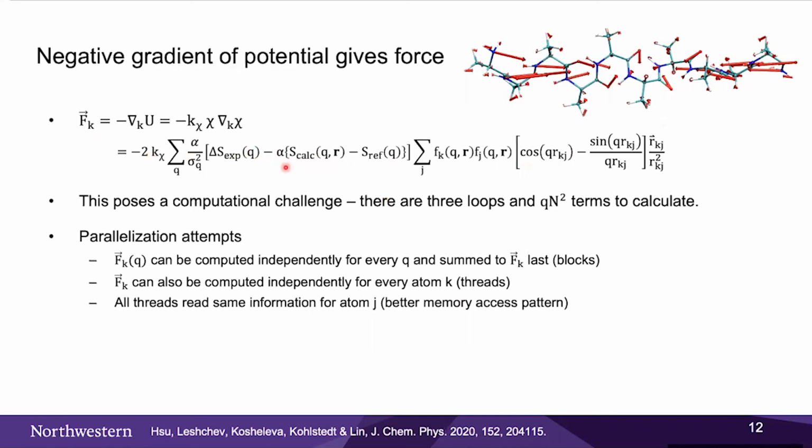And if you simply use that instantaneous snapshot to calculate the force, you'll get a widely fluctuating force. So what we do is average the scattering pattern. Is that averaging in Q? It's averaging in time.